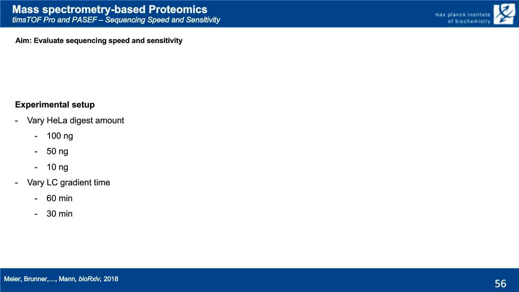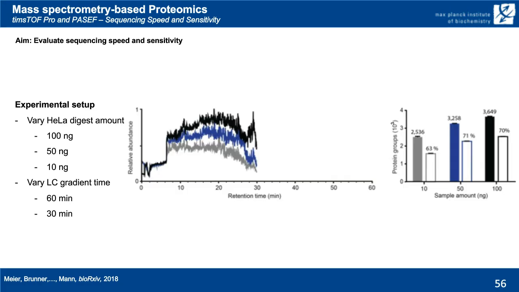Then we went ahead and also decreased the LC gradient to 30 minutes, and astonishingly we were able to identify the same number of protein groups in 30 minutes compared to 60 minutes, which again shows that we still don't reach the speed of identification with our actual sequencing speed.